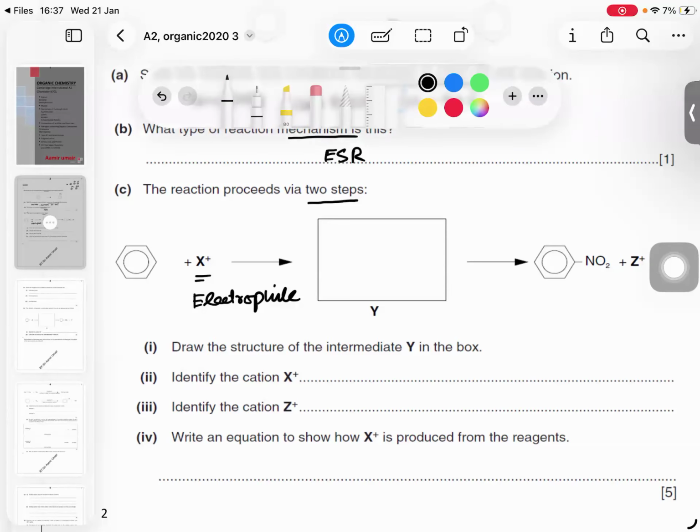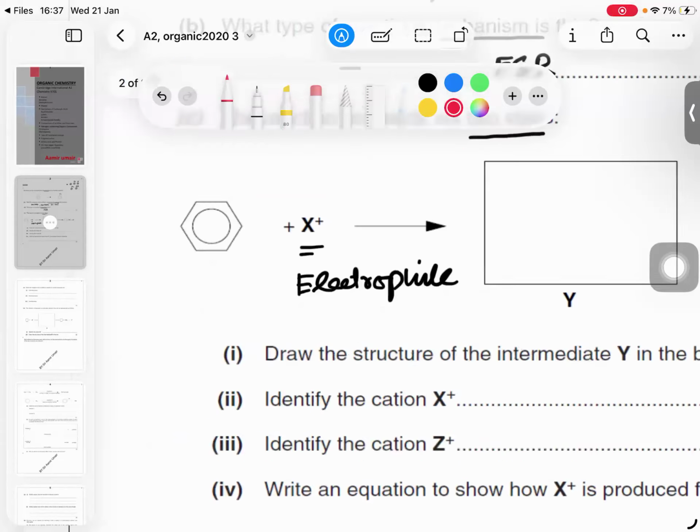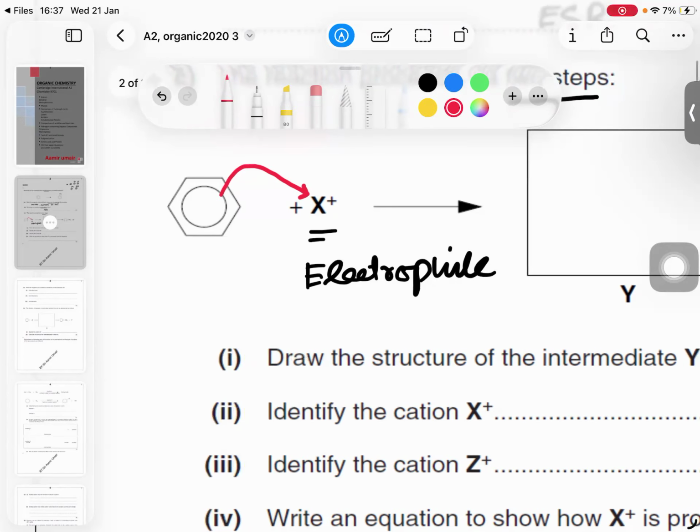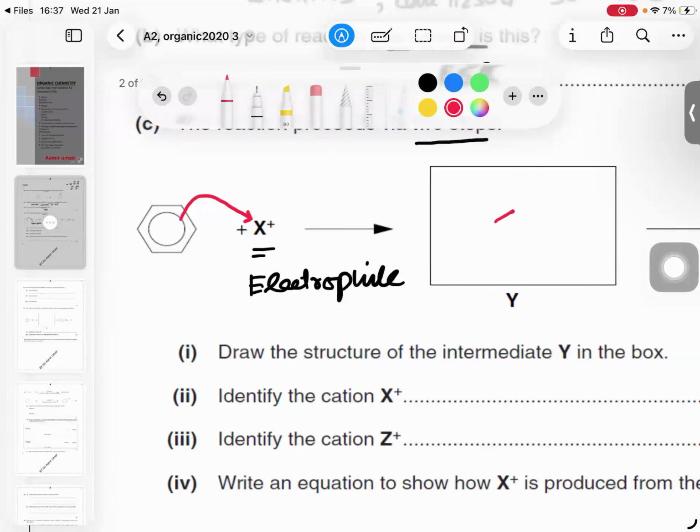Electrophiles do not have electron pairs, so the electron pair comes from the double bond. This curly arrow tells you that this is the electron pair involved in the attachment of X positive. Without the curly arrow, there is no mark given.